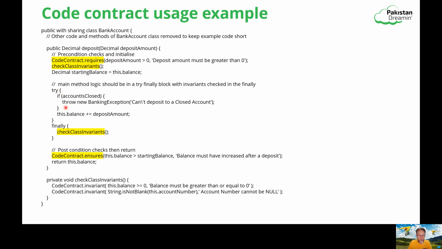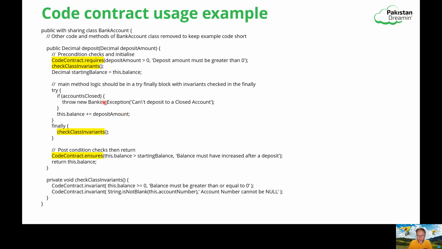So within this logic here, we have another check. This is a runtime check to show you differentiating from the contract checks. This is checking if the account's closed. If it is closed, it throws an exception, can't deposit to a closed account. It's going to jump out here, run your finally check to check the class invariants, which is your only exit condition in this case.